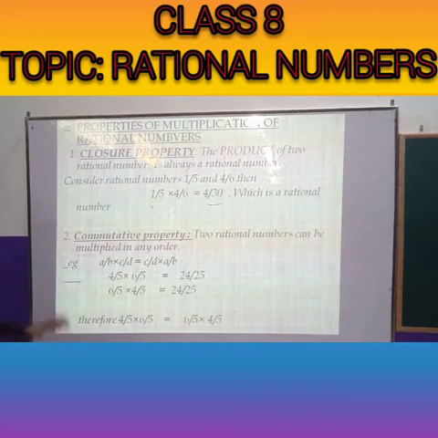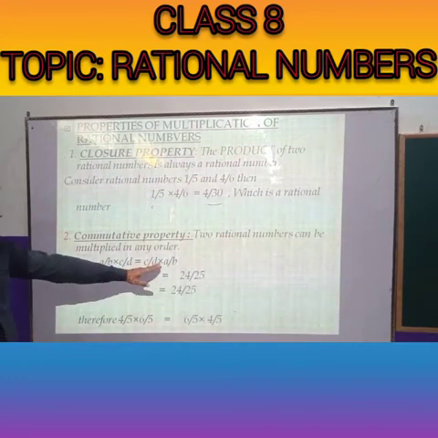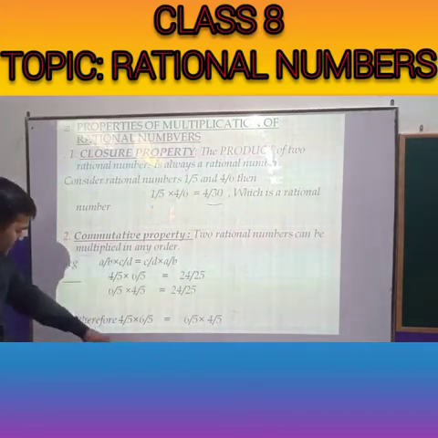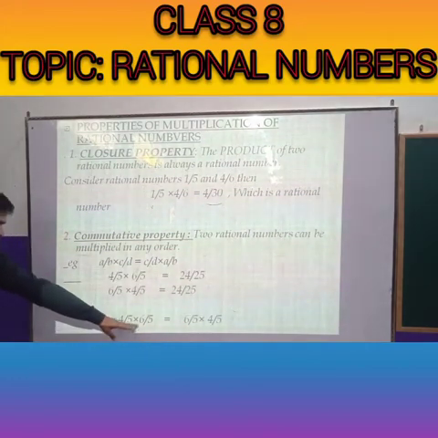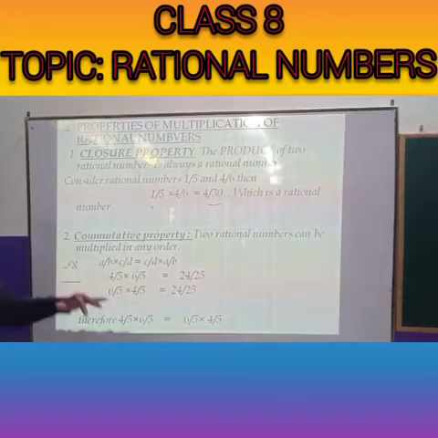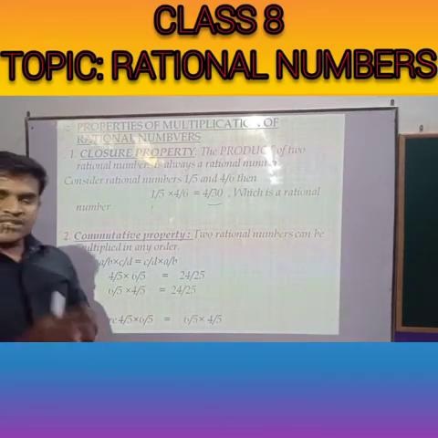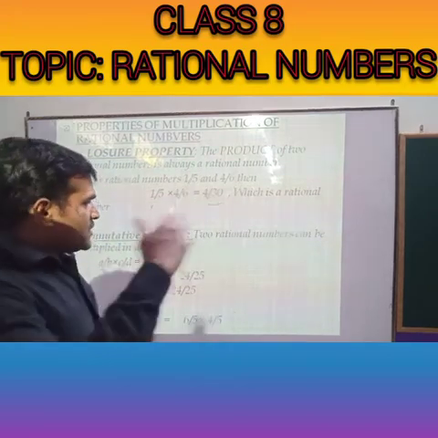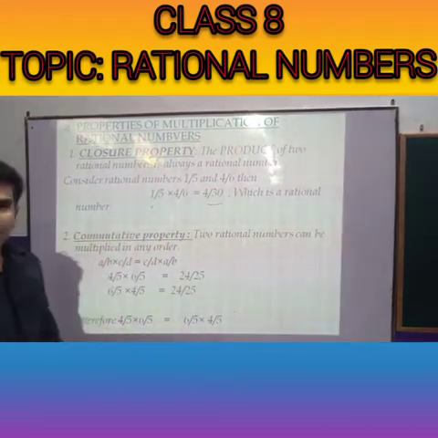That's why we can say that a upon b into c upon d is equal to c upon d into a upon b. Therefore 4 upon 5 into 6 upon 5 is equal to 6 upon 5 into 4 upon 5. That means two rational numbers can be multiplied in any order.